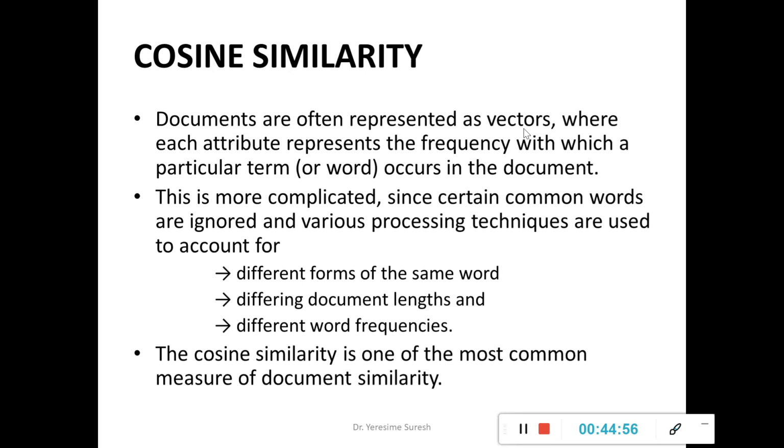Documents are often represented as vectors where each attribute represents the frequency with which a particular term or word occurs in the document. I think we have discussed the document term matrix as part of record data, wherein the rows are the collection of objects. The rows will be the collection of data or documents, and your columns will be the words that appear in these documents, and the frequency of appearance.